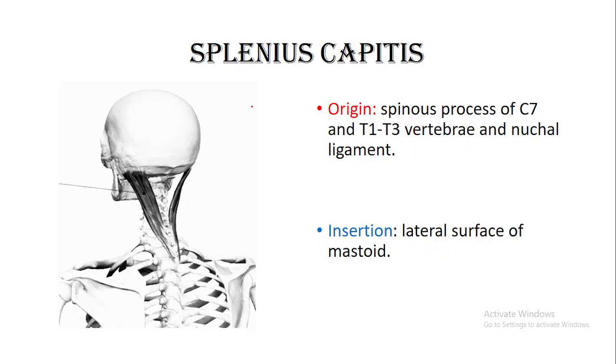Coming to splenius capitis, it gets originated from the spinous process of C7 and the T1 to T3 vertebrae here. So here is the spinous process of C7 and then T1 to T3 vertebrae and the nuchal ligament, and then it runs superiorly and anteriorly, and it also gets inserted into the lateral surface of mastoid process just below the sternocleidomastoid muscle.